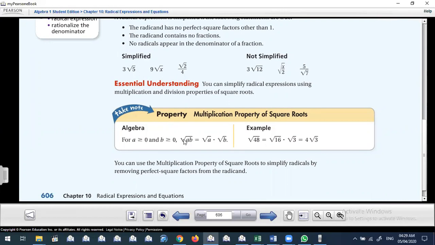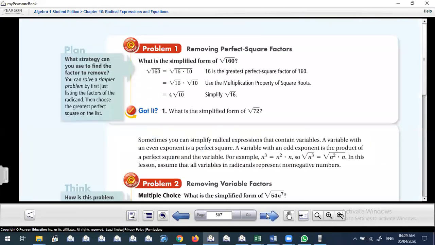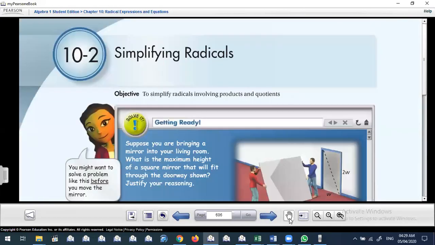So it will be square root A alone times square root B. For example, if you have square root 48, it will be square root 16 times square root 3, which equals 4 square root 3. But we have another way to solve this problem. I'm going to explain it. Let's start our exercise.